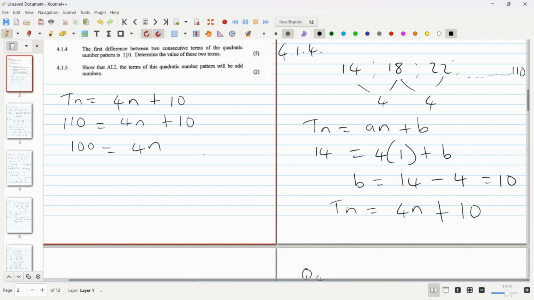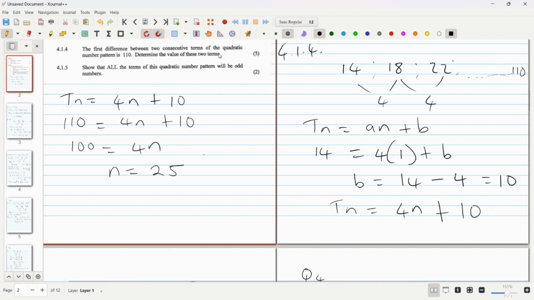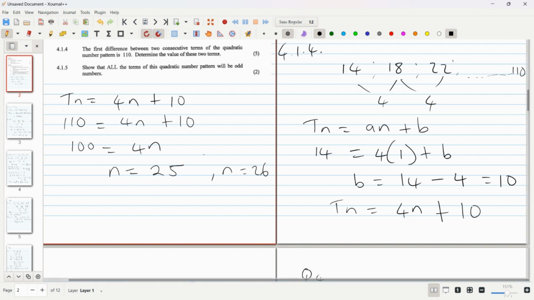So the value of n will be 25, right? So it means that the two consecutive terms are term 25, and the next one after 25, it has to be term 26. So these are the two terms. So we can find the values of these two terms.